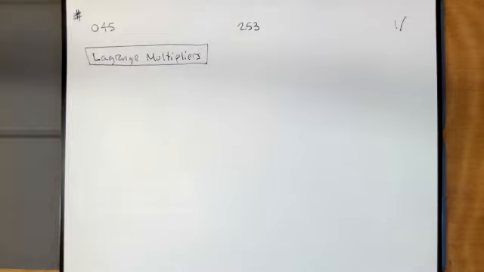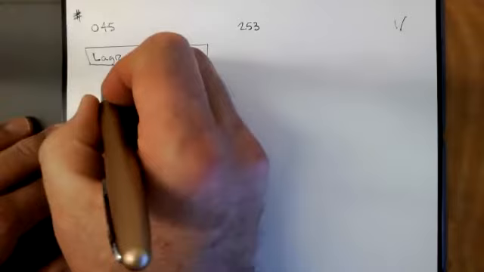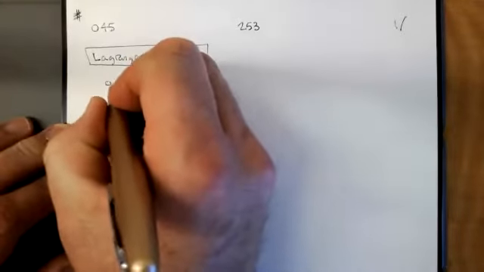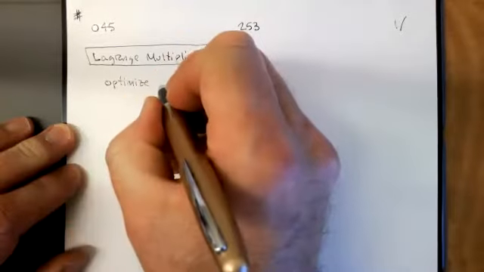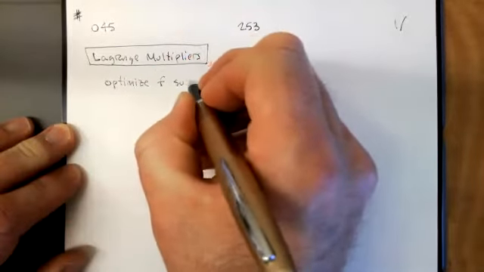Today we're going to look at Lagrange multipliers as a way to optimize a function subject to a constraint. So the Lagrange multiplier is for optimizing a function f subject to constraints.